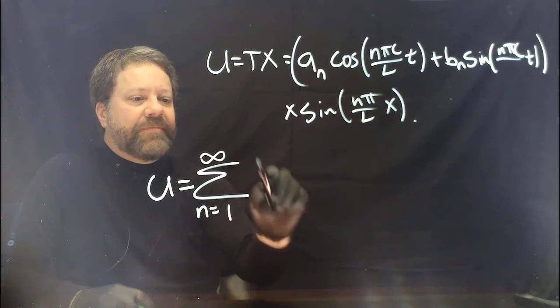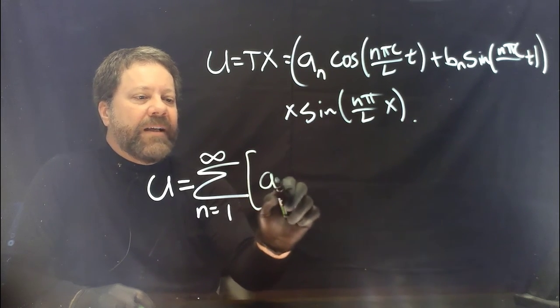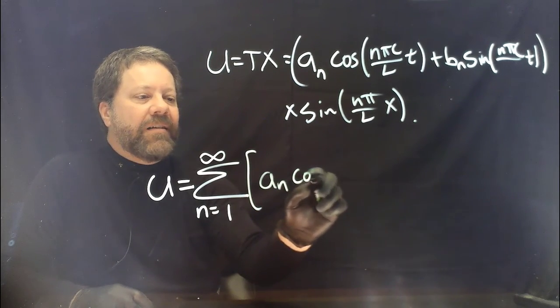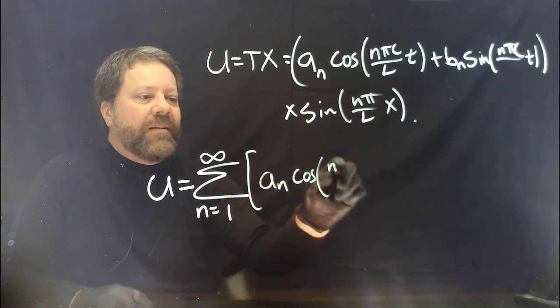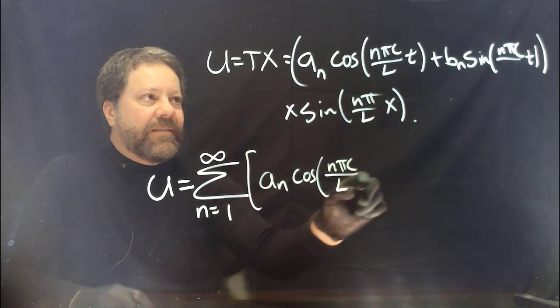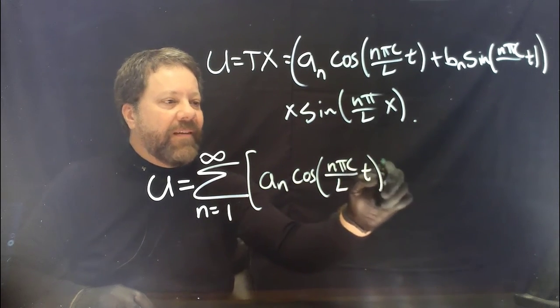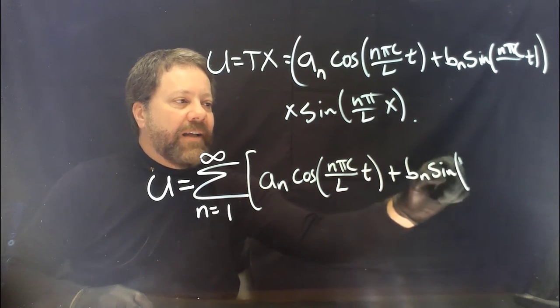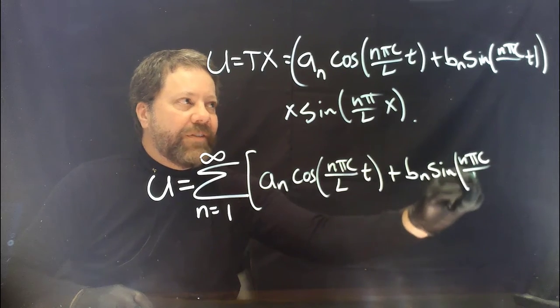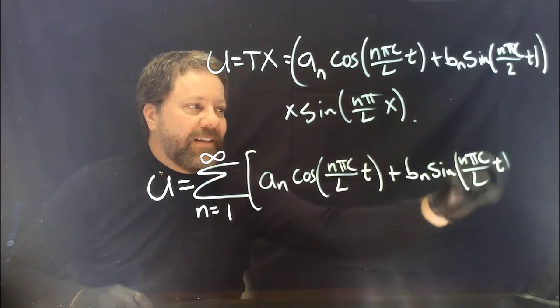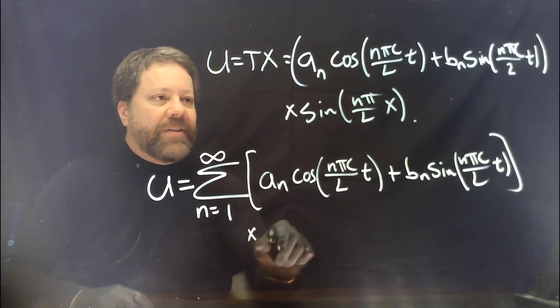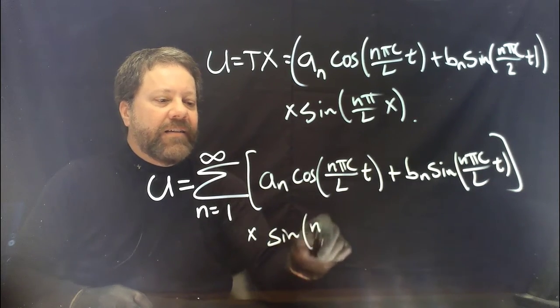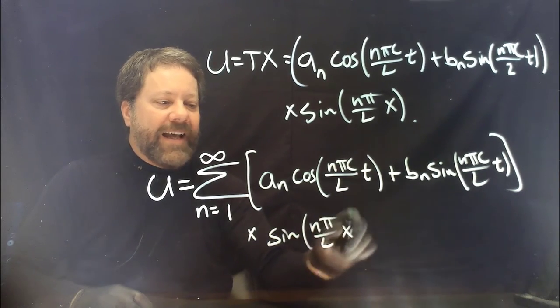We'll have solutions of the form a n cosine n pi c over L t plus b n sine n pi c over L t, all times the sine n pi over L x.